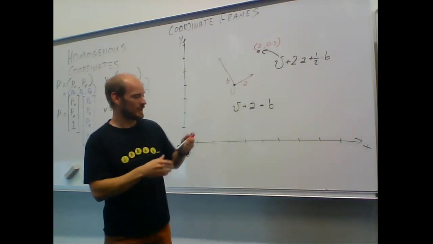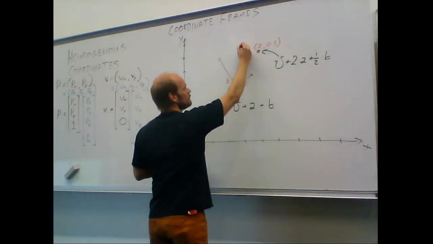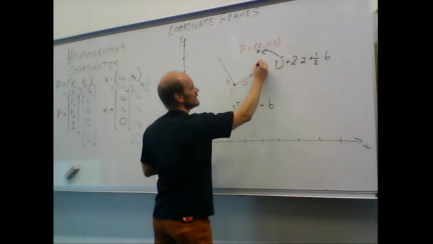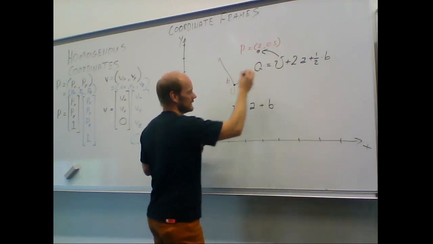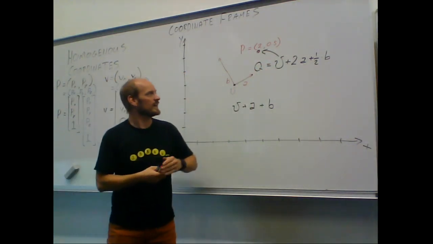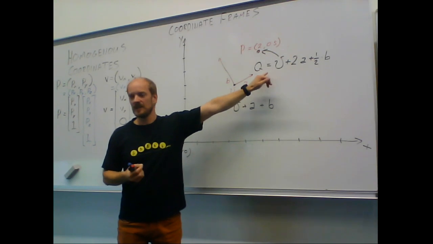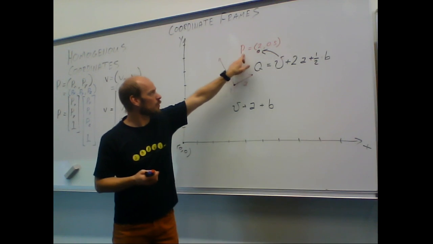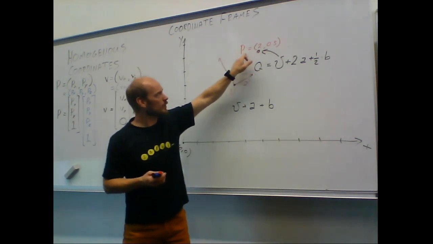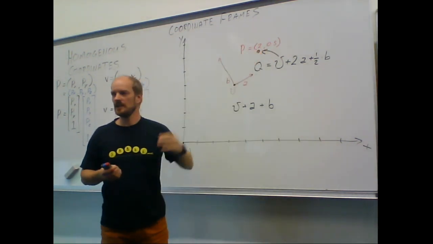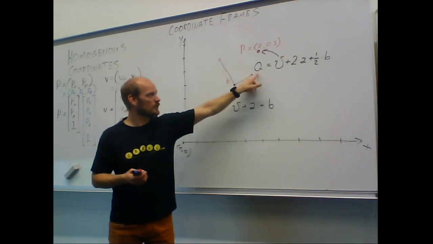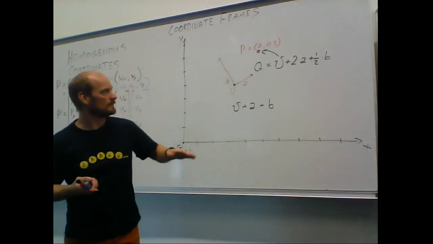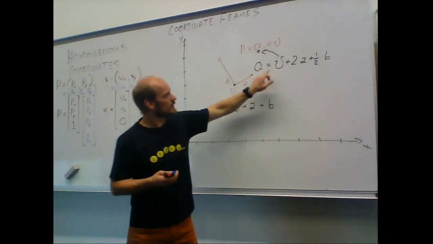So I'll use that notation here, and I'll say this is my point P, and this here is my point Q. But what I want to get across from the start is that P and Q are the same point. I have the coordinates p, which are the coordinates for this point in the local coordinate frame. Q is the coordinates for that same point in the global coordinate frame. So Q here equals this.